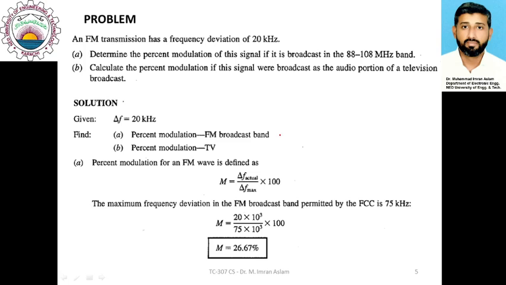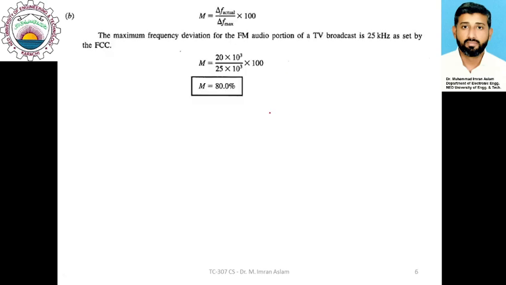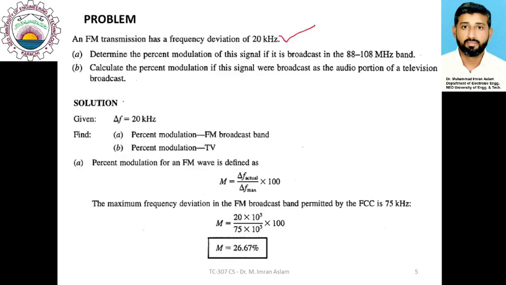Similarly, if we use FM for the audio portion of TV transmission, in that case we know that the FCC has set the upper limit of 25 kilohertz for frequency deviation. So the maximum allowed frequency deviation is 25 kilohertz for the case of TV broadcast, whereas the actual deviation used in the system is 20 kilohertz as given in the problem.